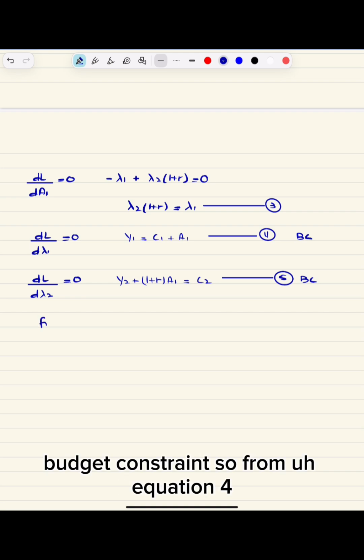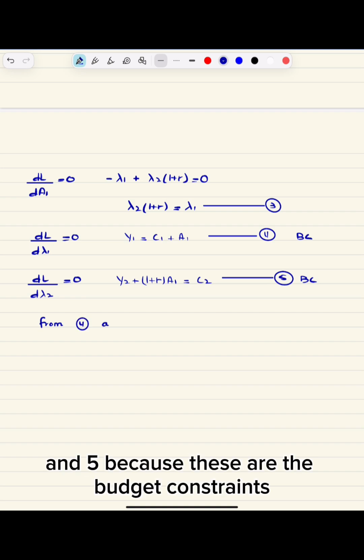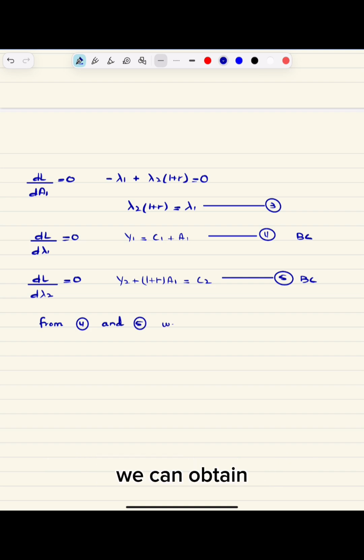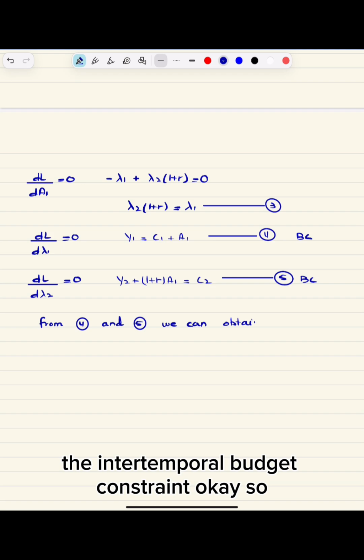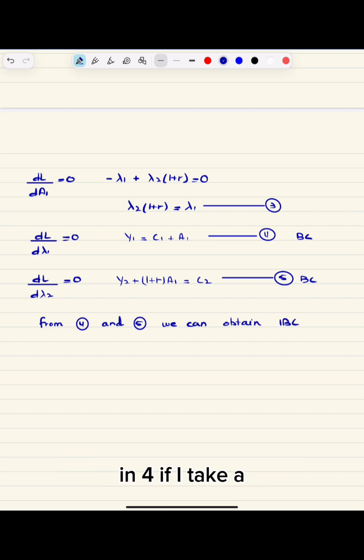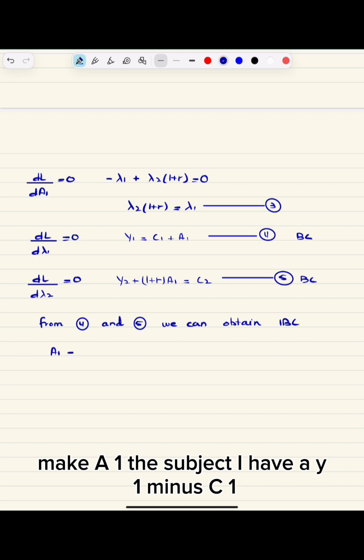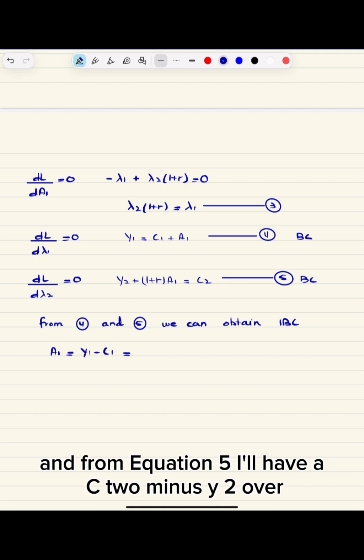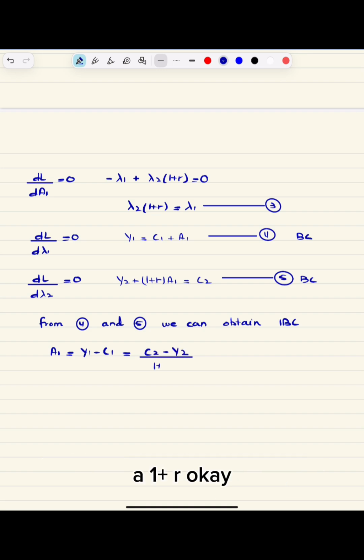So from equations 4 and 5, because these are the budget constraints, we can obtain the intertemporal budget constraint. Okay, so in 4, if I make a1 the subject, I have a1 equals y1 minus c1, and from equation 5 I'll have a1 equals (c2 minus y2) over (1 plus r).